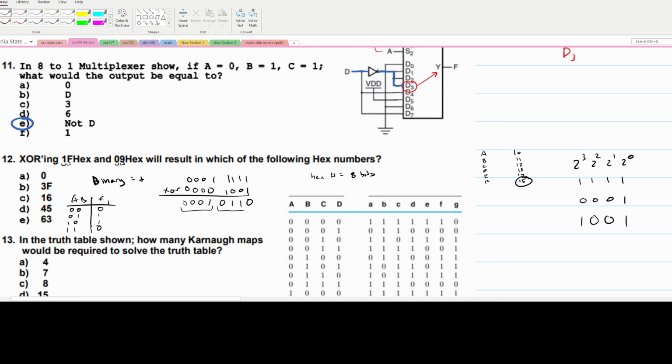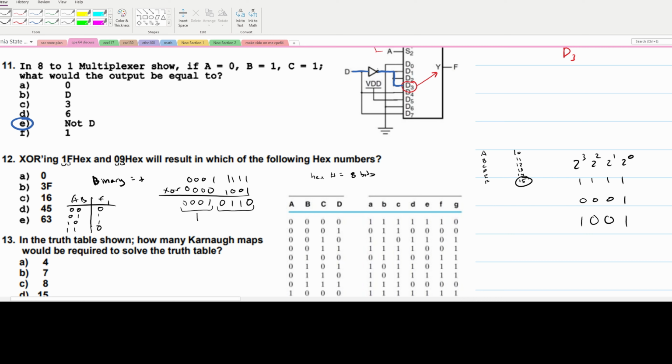So now we need to convert this back into hexadecimal, because we started in hex, and the problem's asking for it in hex. So the hex for this first part is just going to be a 1, because 2 to the 0th is just 0, 0, 0, 1. So that's what we have here. Now we have 0, 1, 1, 0.